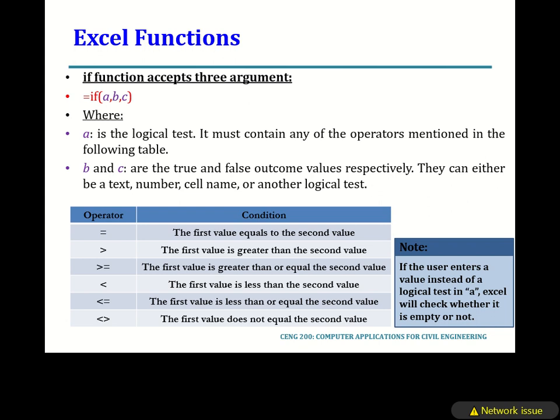What is this? Greater than or equal to, right? So the condition will be true if the value is greater or equal. Okay. Less than or equal to, and what is this? Not equal. Yeah, very good. Greater than or less than, so not equal. Good. So A must have some comparison. Clear?